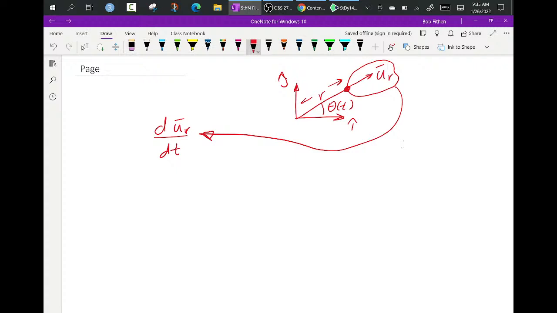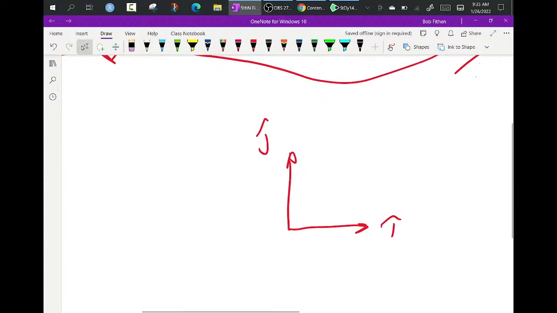Now the next thing I'll do is I'll redraw J. And then I'm going to take this base vector and I'm going to stick it right here. Now I'm trying to do this. So each one of these, the UR, the J, and the theta are all the same length.